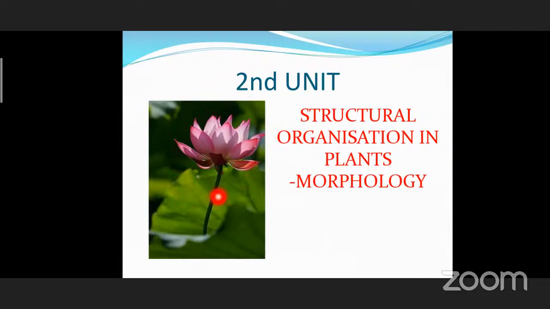This is usually considered distinct from plant anatomy, which is the study of the internal structure of the plant, especially at the microscopic level. But plant morphology is useful in the visual identification of plants.